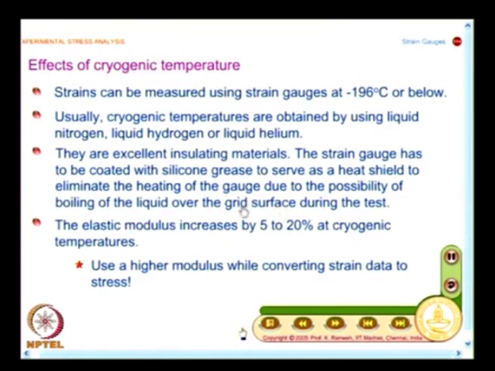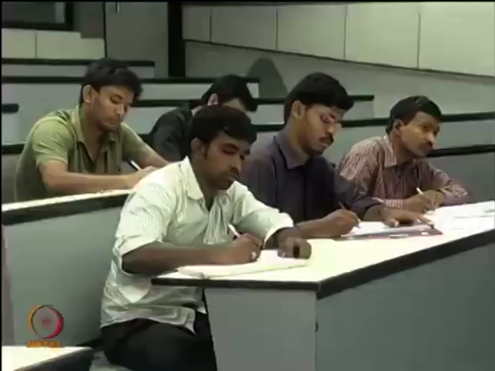So, what is recommended is the strain gauge has to be coated with silicone grease to serve as a heat shield. It is a very subtle point: liquid nitrogen can also boil, and in the process it should not disturb the strain measurement. So, the recommendation is to put a coat of silicone grease.